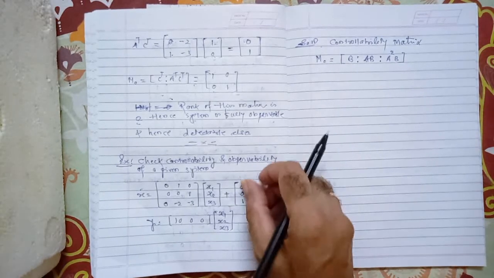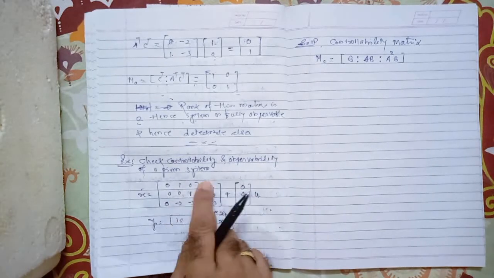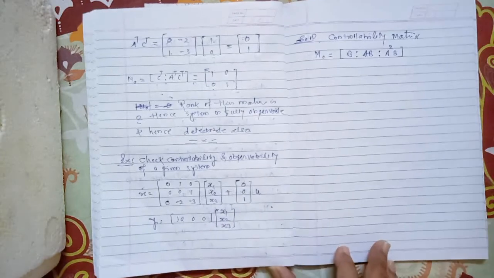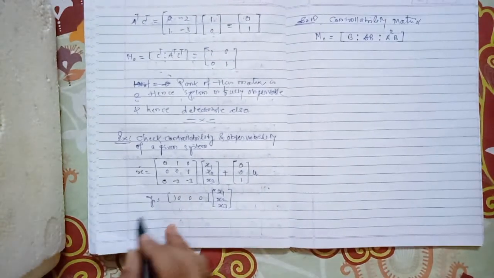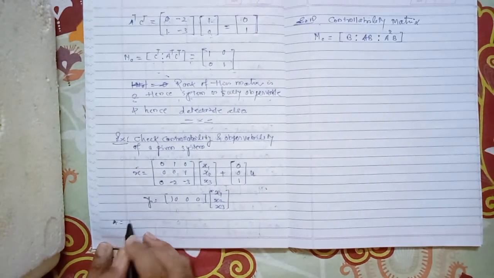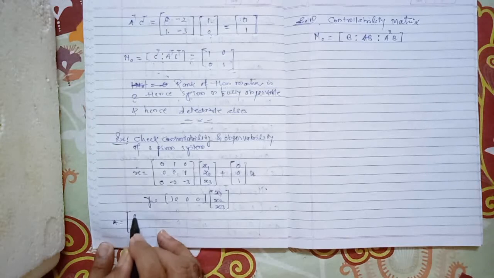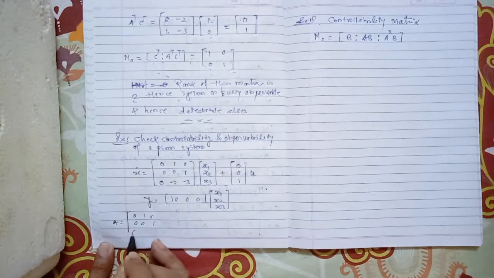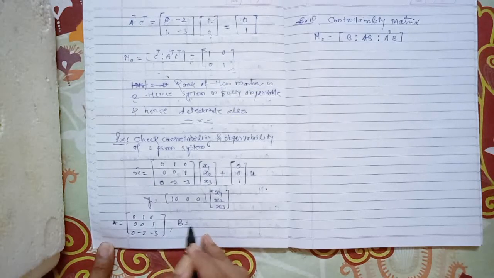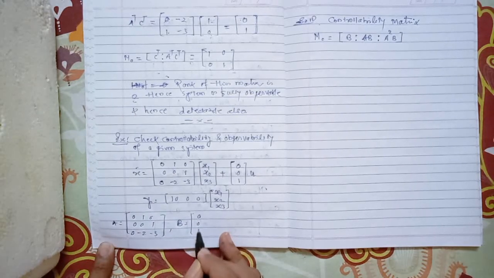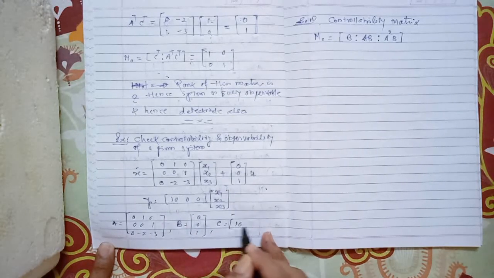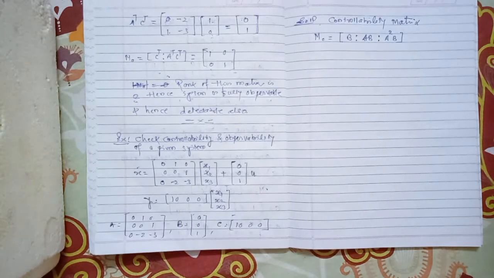Now B is known: B is [0 0 1], and A is [0 1 0; 0 0 1; 0 -2 -3]. Otherwise I will write down here A equals [0 1 0; 0 0 1; 0 -2 -3], B equals [0 0 1], and C equals [1 0 0]. These are the matrices.